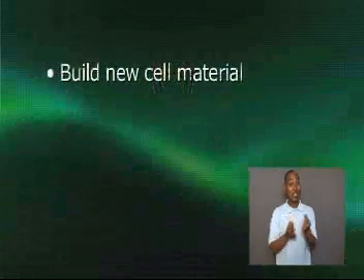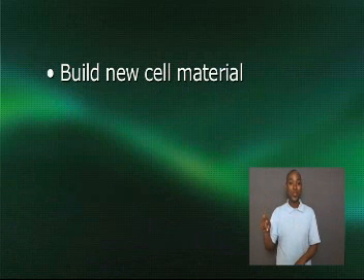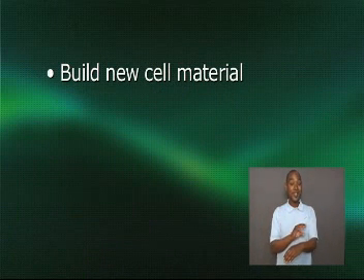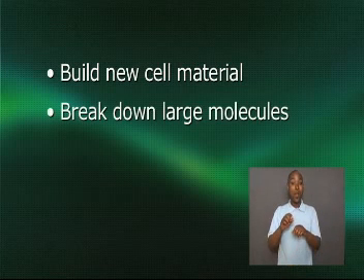Time's up. Let's get back to our lesson. It is nice to have you back, students. There are a few functions that you could have described. You could have said that ATP is used when the cell builds up new cell material, or perhaps when the cell breaks down large molecules into smaller molecules.